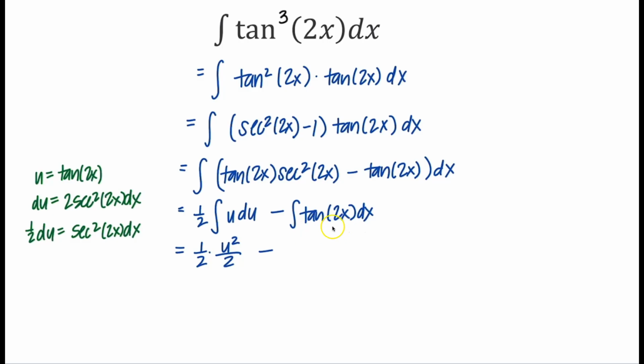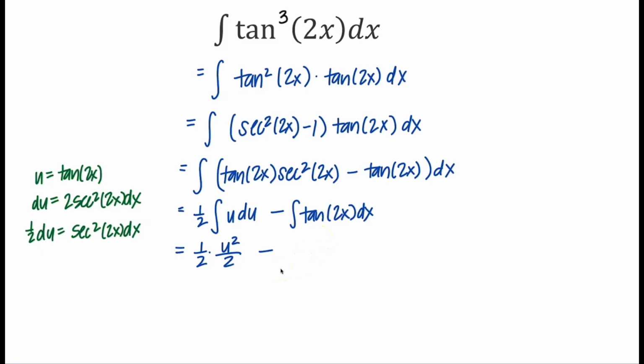Really, this is going to be another u substitution. If I show the work, I can write this as the integral of sine 2x over cosine 2x and let u be cosine 2x. But this is also something we can memorize. And so I'm just going to jump straight to writing what the answer is.